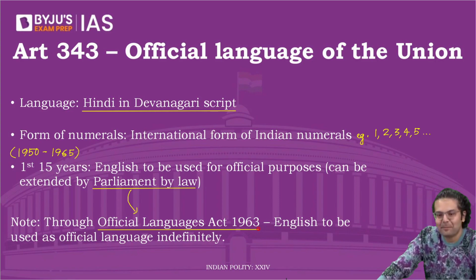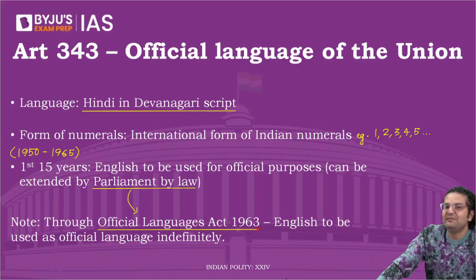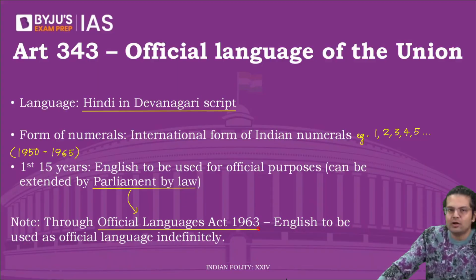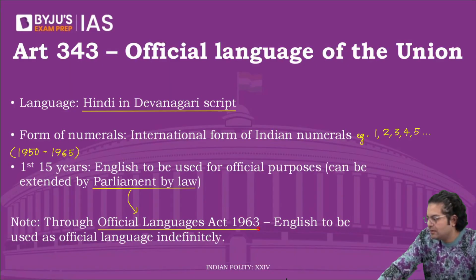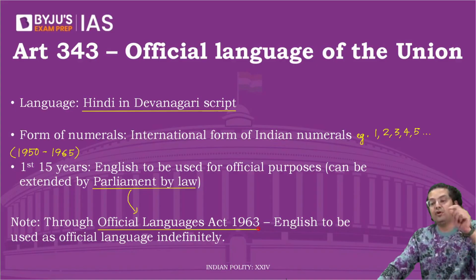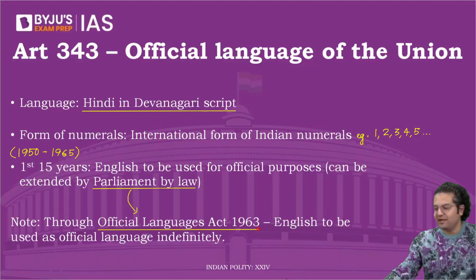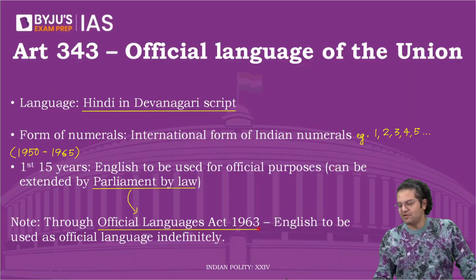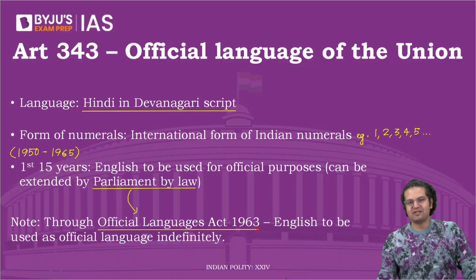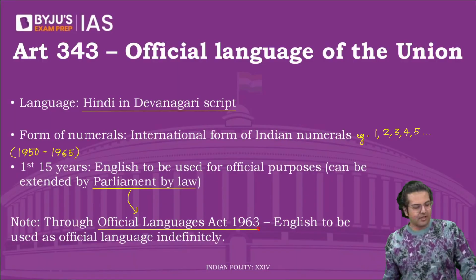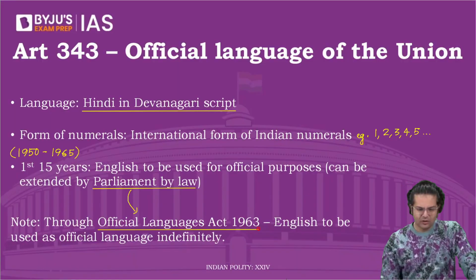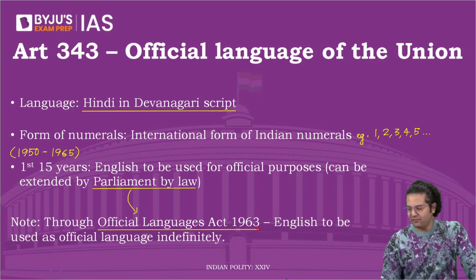So all the non-Hindi speaking states like Tamil Nadu, Kerala, West Bengal, Gujarat, Maharashtra, Karnataka, if they pass a resolution in their legislature, then we can stop the use of English and Hindi can become the official language in the country. Of course, like that's going to happen ever.